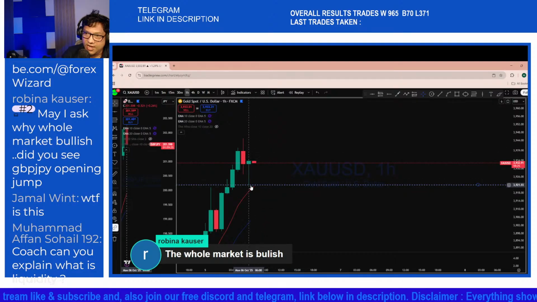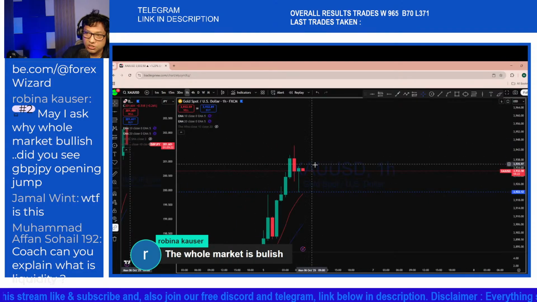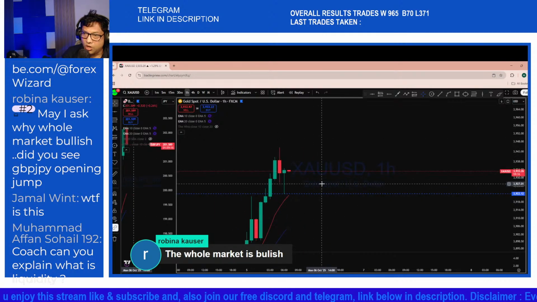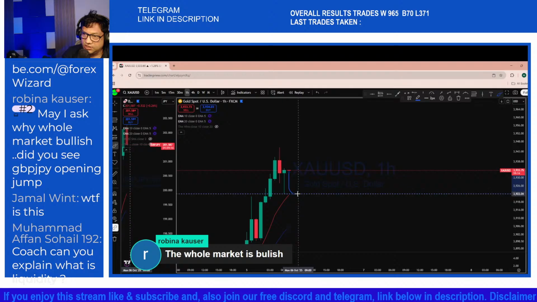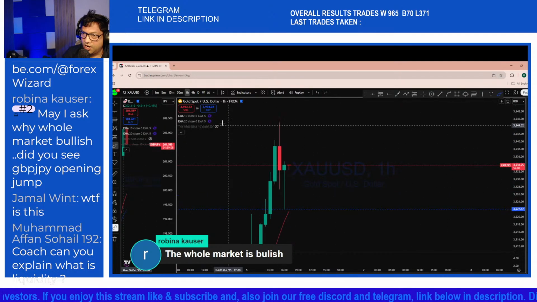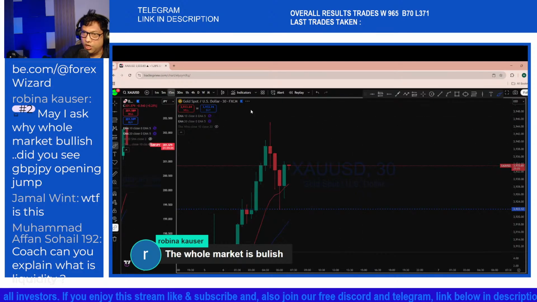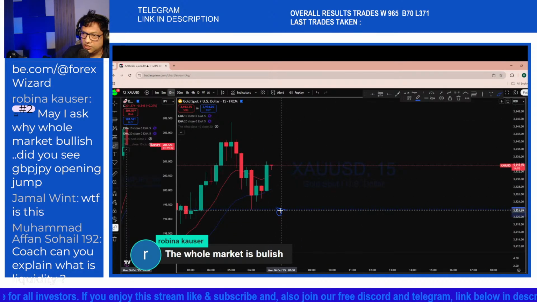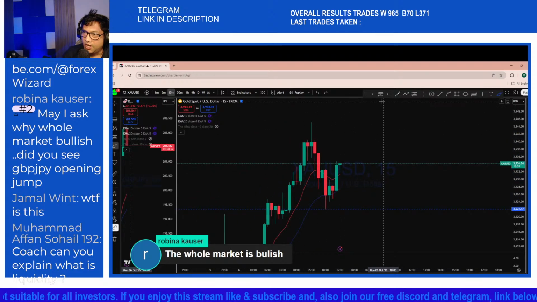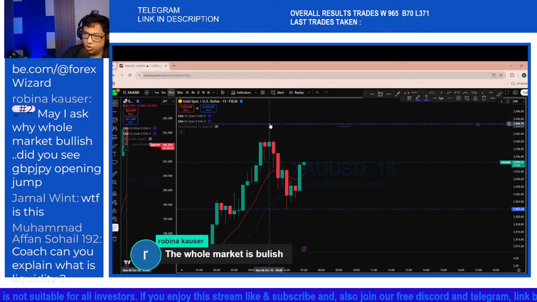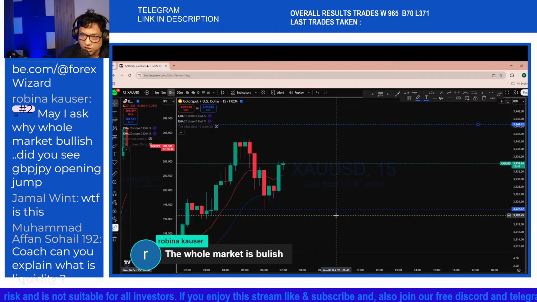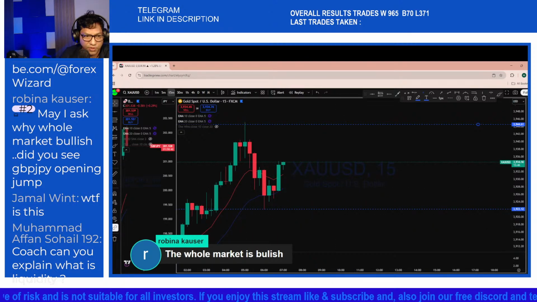As the market has had a primary rejection from here, it's showing that this market is potentially remaining bullish, and we would like to see the price again retest that support and then return to the upside to create a new higher high in this market. Therefore, we are looking at the lower time frame for the price to retest again and then remain bullish to the upside to create a new higher high. There is an imbalance the market has left here. You can see this is also a fair value gap, and we expect the price to test it and then return again to the major direction of the trend.